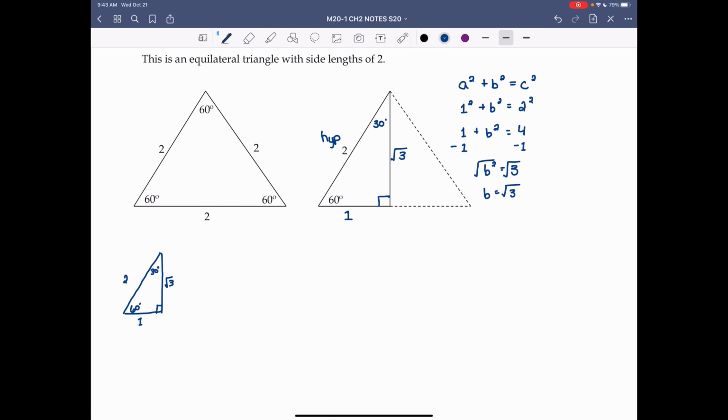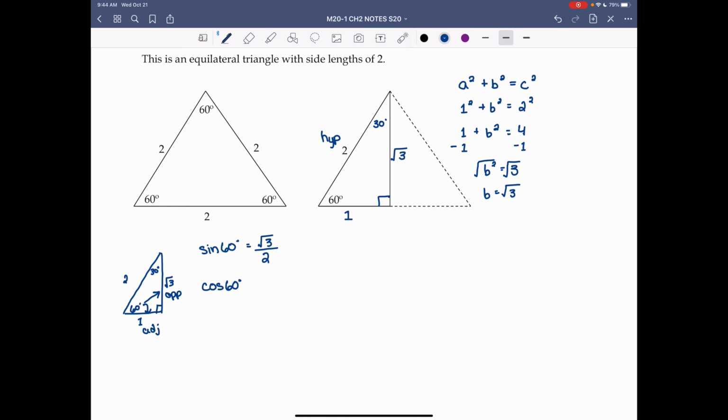Let's look at our trig functions for 60 degrees, sine of 60 degrees. So label our sides from 60. Opposite would be root 3, and adjacent would be 1, and then our hypotenuse is 2. Sine is opposite over hypotenuse, so sine 60, opposite side is root 3 over hypotenuse is 2.